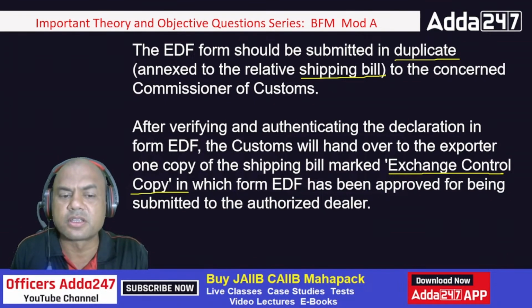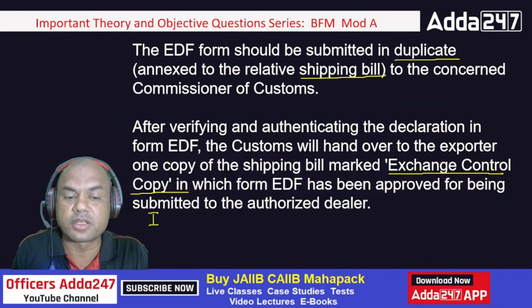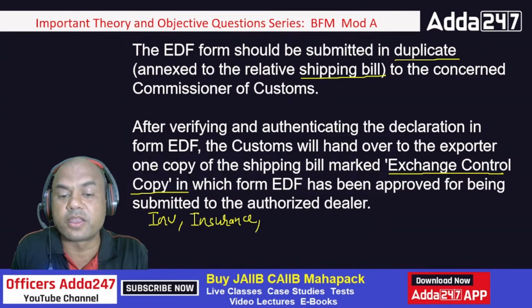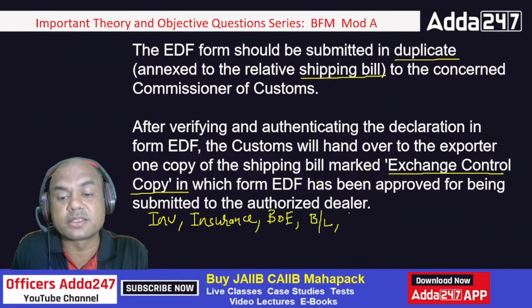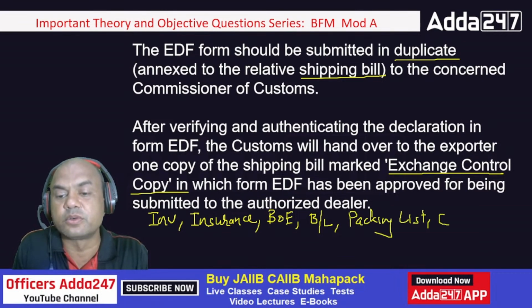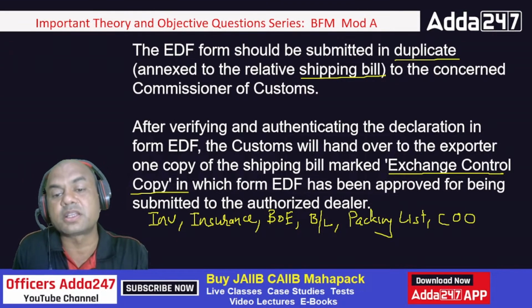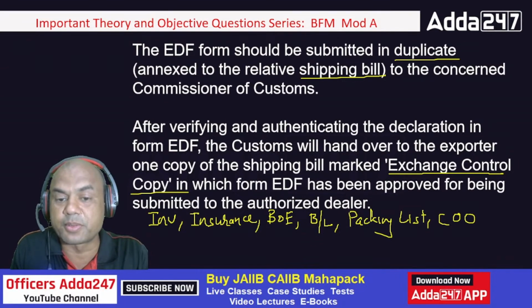Number 1, invoice. Then insurance. Then bill of exchange, BOE. Then bill of lading. Then packing list. And the last one is the COO, certificate of origin. Along with these 6 documents, the customer should also submit this ECC copy of the shipping bill.